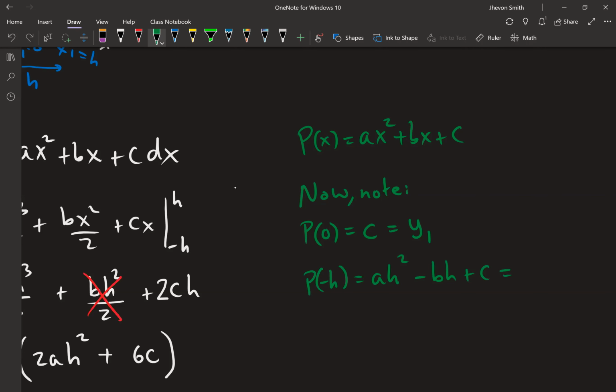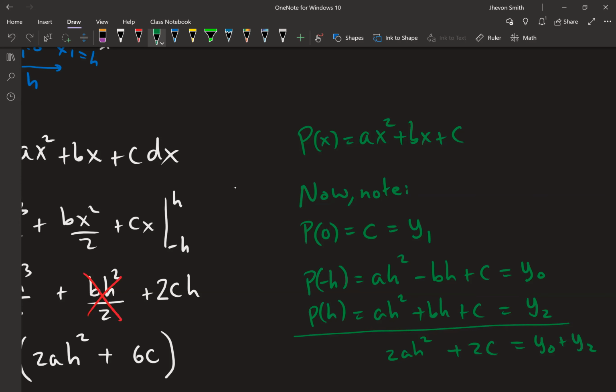However, that I know is y0. P of h is going to be ah squared plus bh plus c. That I know from my definition is actually y2. I can add these two together, and what I would get is 2ah squared plus 2c equals y0 plus y2.